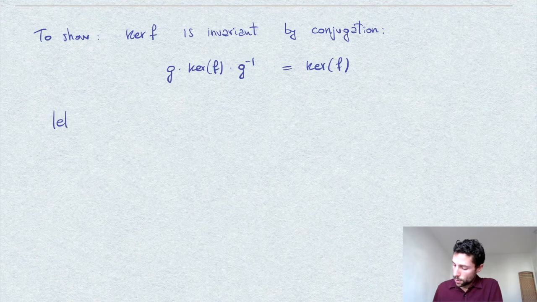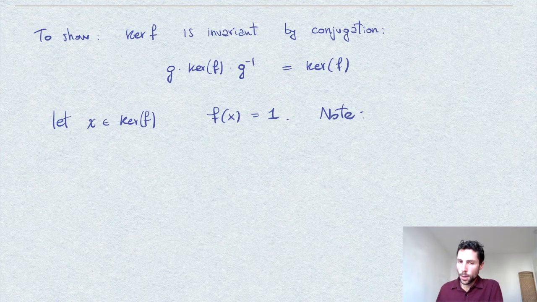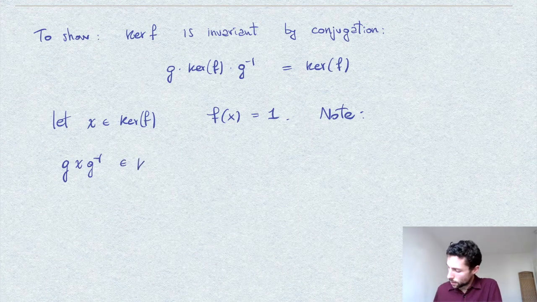Let's observe that if we pick an element x in the kernel, then by definition of the kernel, f of x is equal to 1, right? So now we can note that our condition that g x g inverse is in the kernel is equivalent to having f of this element equal to 1.